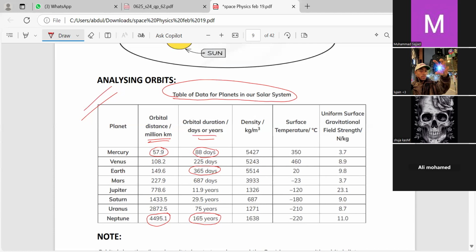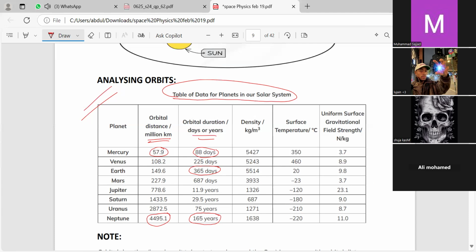Number one, Mercury is closer to the sun. The radius of orbit of Mercury is small, so its circumference is also small. Neptune is almost 9 times further away from the sun as compared to Mercury. The radius of the orbit means the distance from the center of the sun to the center of Neptune.